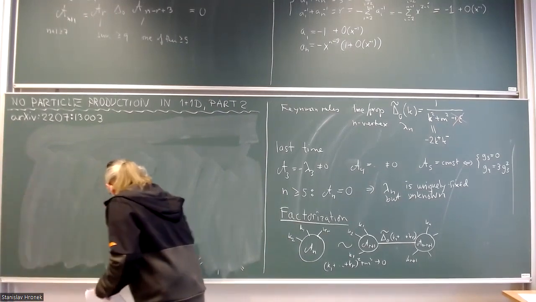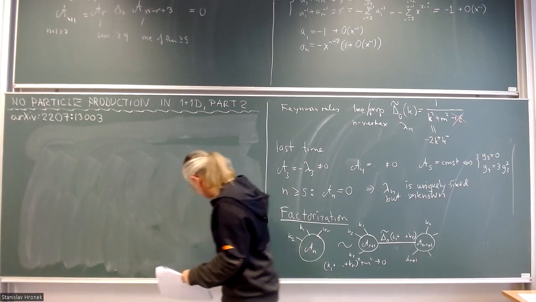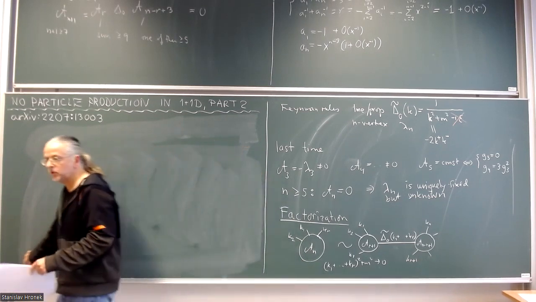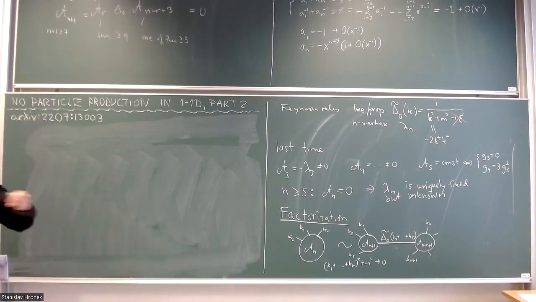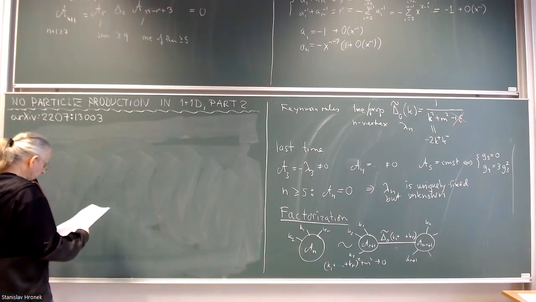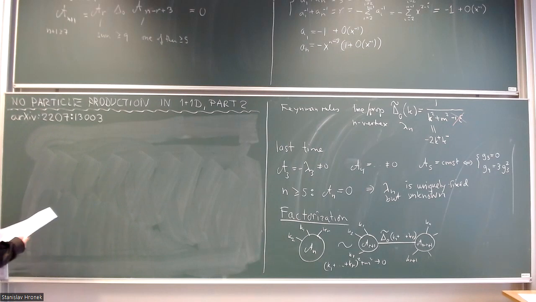As you can guess, the point with this limit is that most internal propagators will vanish, and there will only be very few that actually survive in that limit. That's the idea. So we don't have to solve so many diagrams.